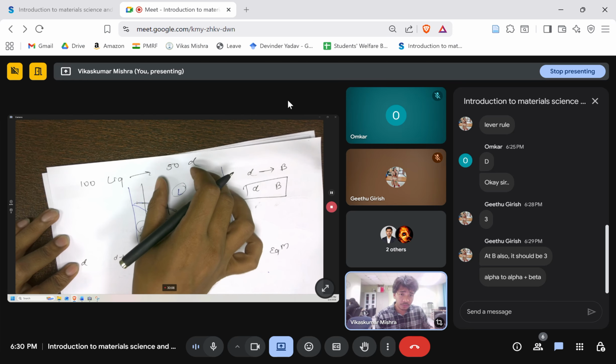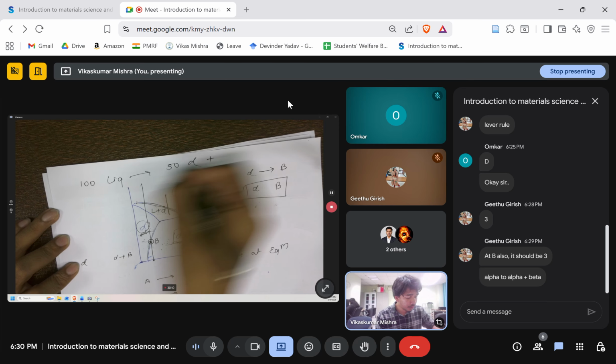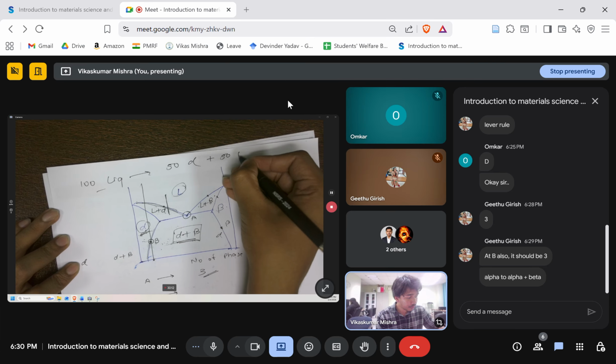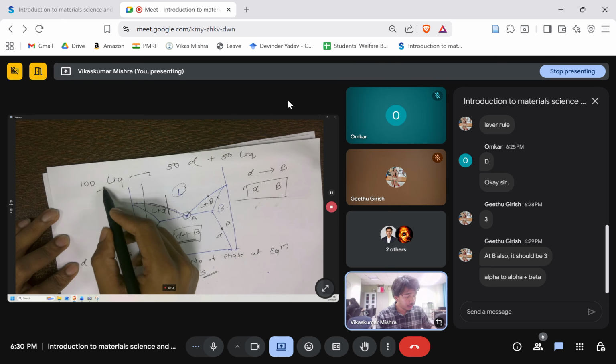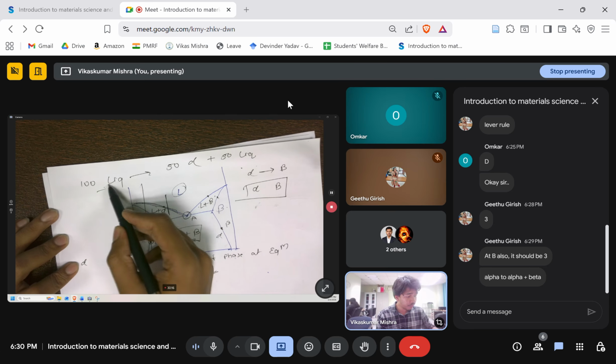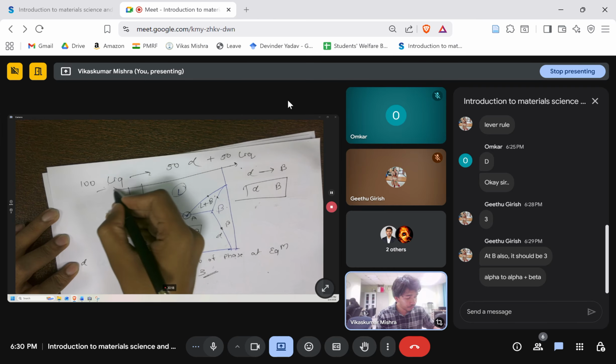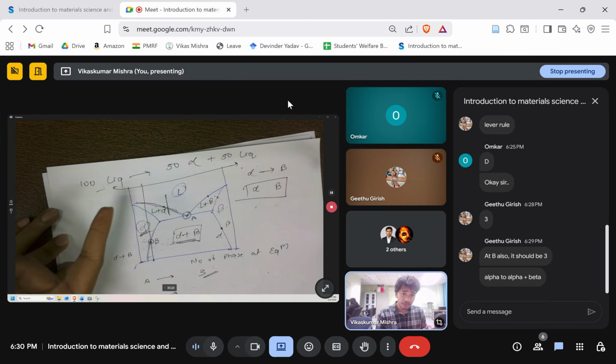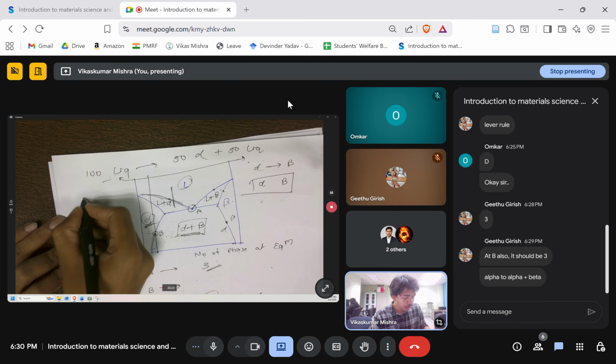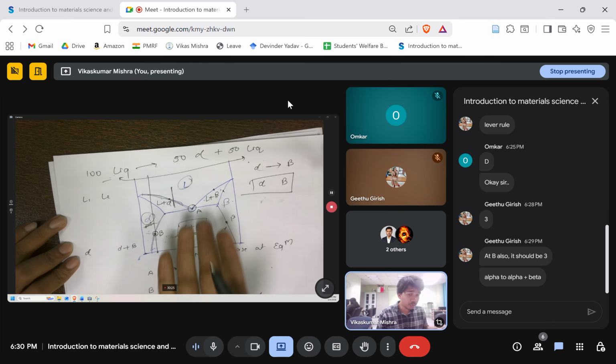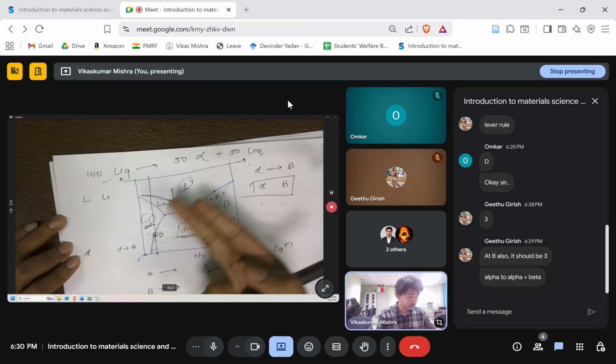So 50 got converted, right? What is left over is nothing but 50% liquid. It is leftover only. It's not different. If it were different, I would write liquid 1, liquid 2. But we can see there is no liquid 1 and liquid 2 over here.